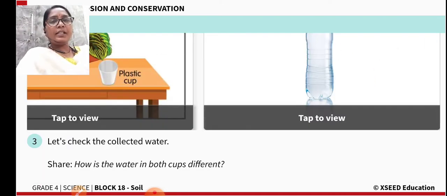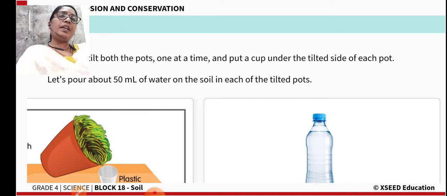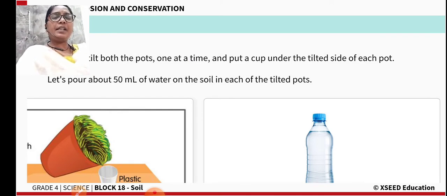Then, is it good for us? Shall we let it go as it is? Is soil erosion good for human beings or bad for us? Definitely it's not good. When the topsoil blows away, we could not grow the plants. When plants are not there, we could not get our food.